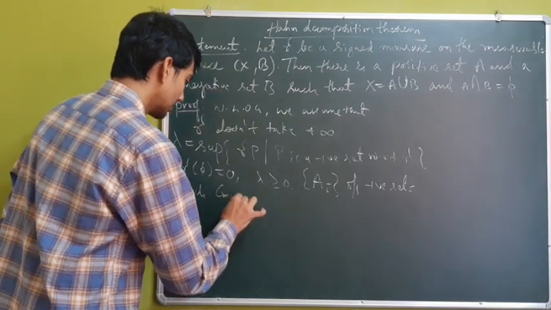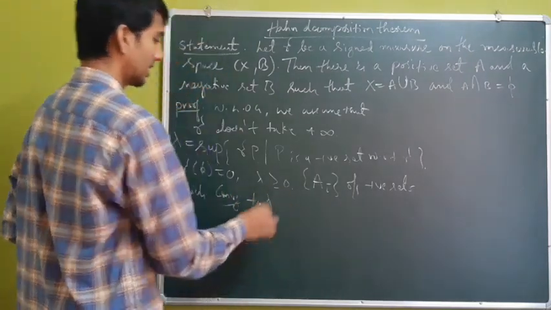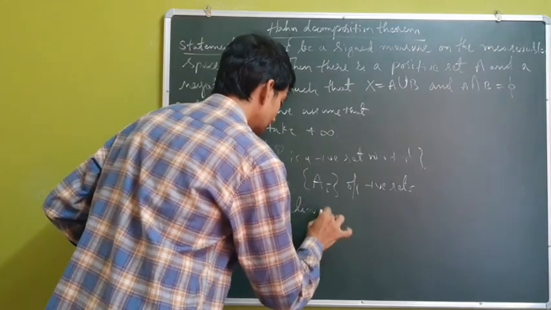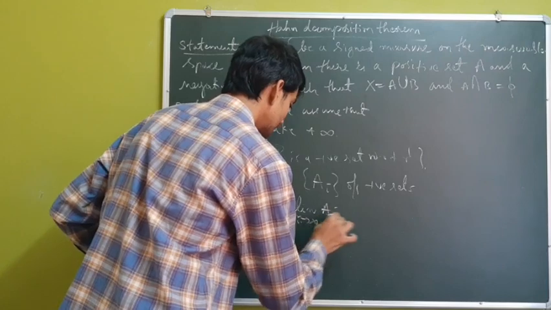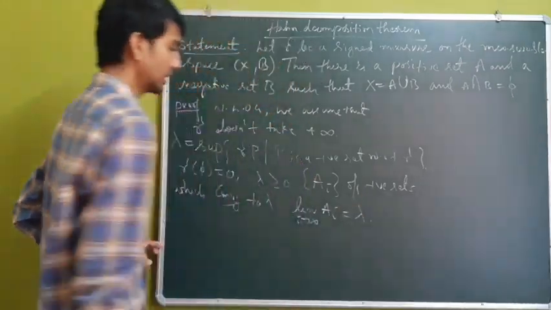I am considering a sequence A_i of positive sets which converges to lambda, which is nothing but the limit of gamma of A_i as i tends to infinity is lambda.